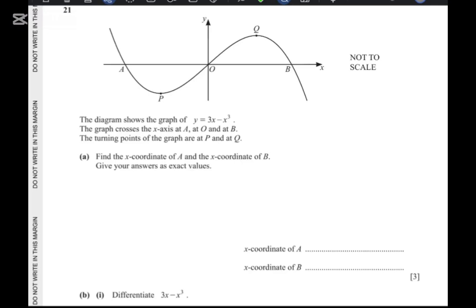Question 21. The diagram shows the graph of y is equal to 3x minus x cube. This is the graph.